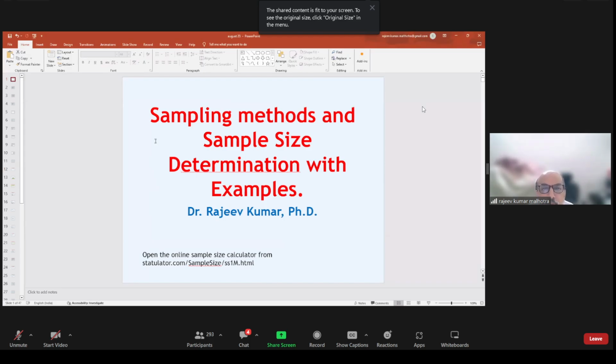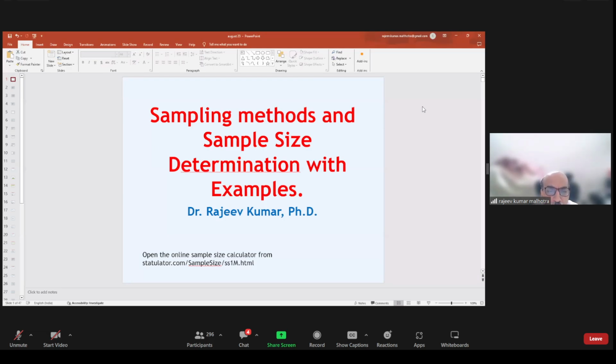So this is our topic of today's session: sampling methods and sample size determination with examples. Myself Dr. Rajiv Kumar. I will suggest you first download this sample size calculator called Statulator from statulator.com.